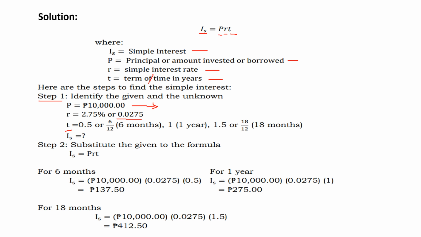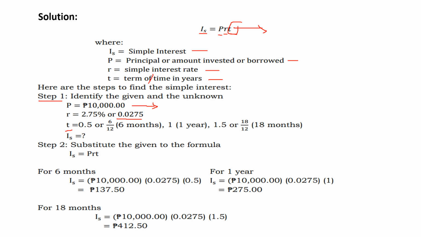The time in your formula, your small t, should be in terms of years. That's why if the given is in terms of months, we really need to divide this by 12 to convert the given value to years.